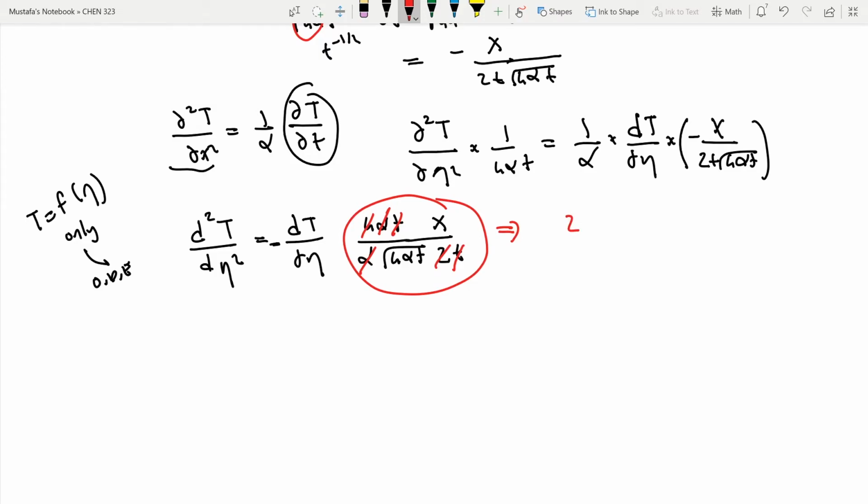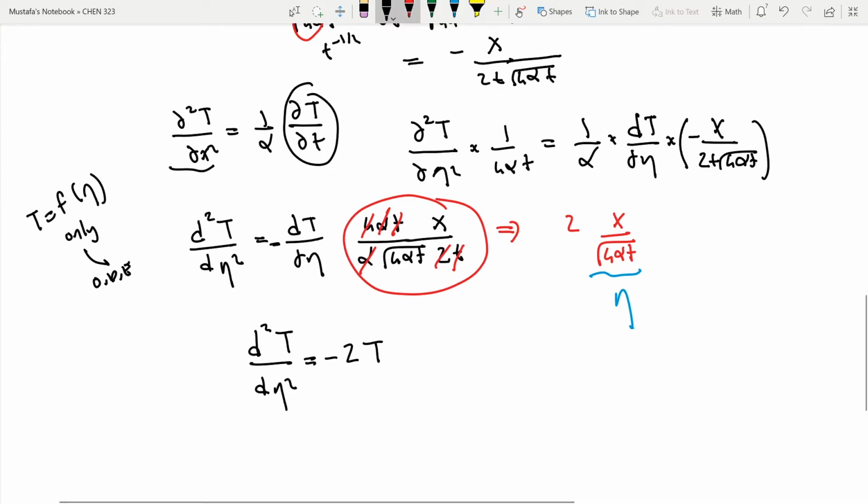So we have 2x over the square root of 4 alpha t. And if you pay attention to this term, this is the definition of the similarity variable. This is eta. So that means my ordinary differential equation becomes d squared T by d eta squared is equal to minus 2 eta dT by d eta, and this is an ordinary differential equation.